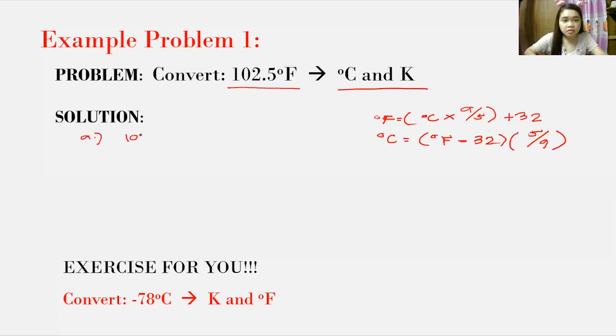So 102.5 degrees Fahrenheit minus 32, times 5/9. So we could get here a reading in terms of degrees Celsius. Just need to compute this.